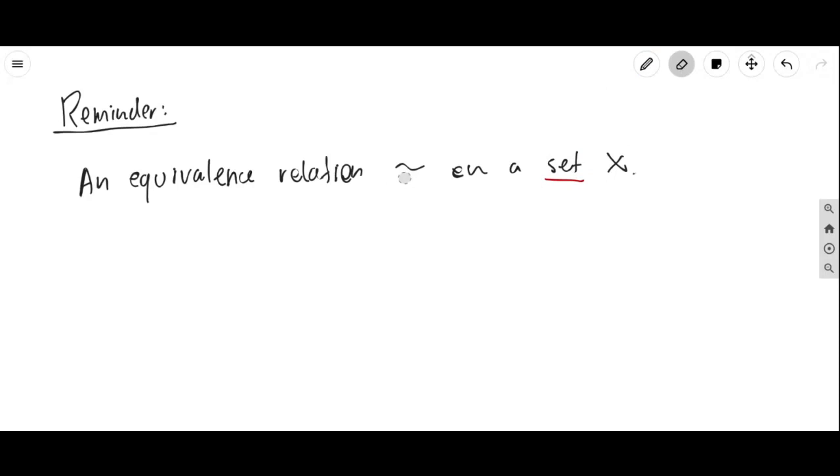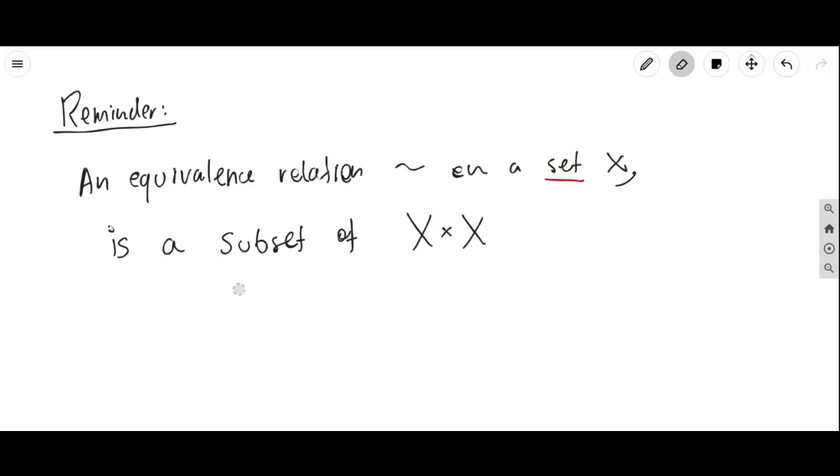So an equivalence relation, usually this is the symbol we use for an equivalence relation. So an equivalence relation is a subset of the product X times X. This is the Cartesian product. There is no product topology here or anything like that we've talked about. We're just working with sets.